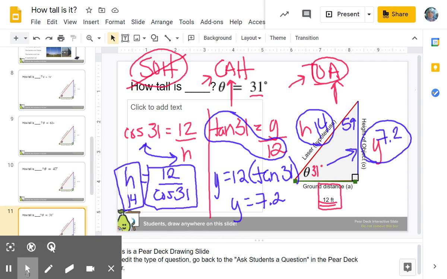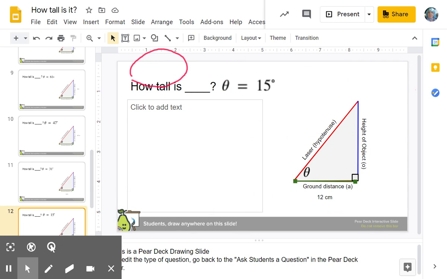I'm not hearing very much feedback, guys. I want you guys to try 12.